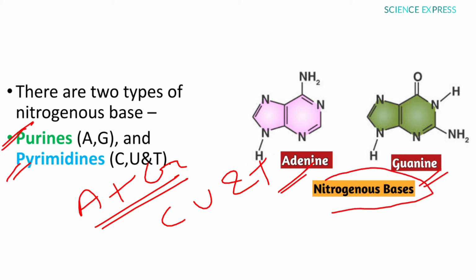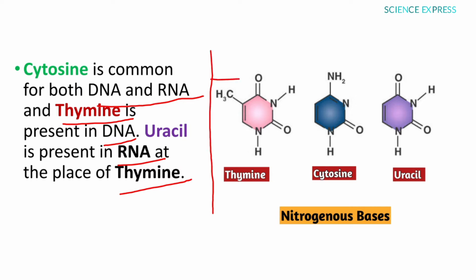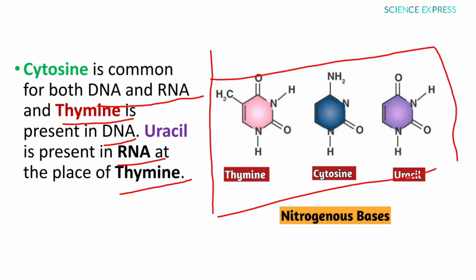These nitrogenous bases have a double cyclic ring structure, a combination of carbon and nitrogen rings. Cytosine is common to both DNA and RNA, but thymine is present in DNA and uracil is present in RNA in place of thymine. These are the pyrimidine nitrogenous bases: thymine, cytosine and uracil. These have a single ring structure.